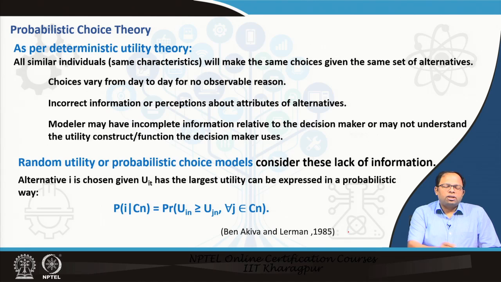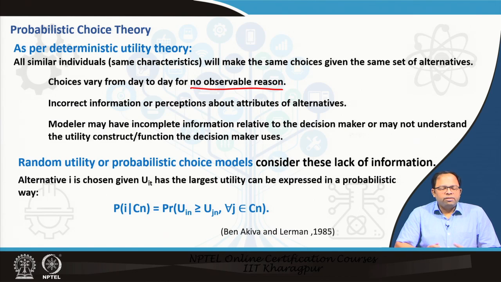So, choices vary from day to day for some reasons, or there may not be observable reasons. Even though I know that I was not feeling like it, somebody else who is trying to decide why that particular individual, that is myself, has taken a taxi instead of a car, probably will not know that I was not feeling like driving. So, the modeler will have no way to understand this.